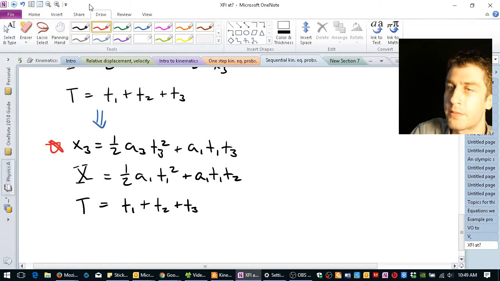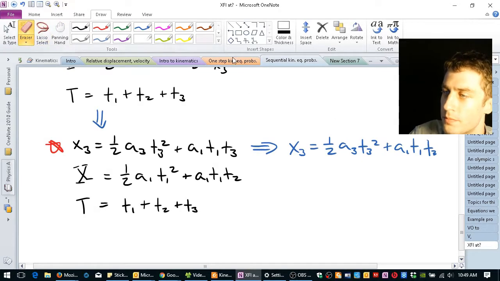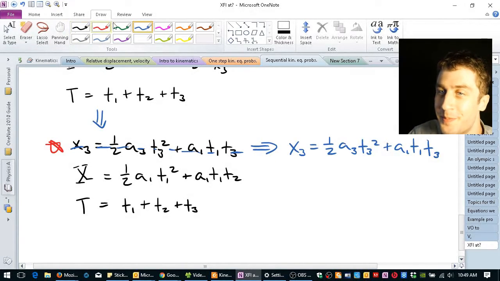Going to solve for x3. And x3 is equal to 1/2 a3 t3 squared plus a1 t1 t3. Cross this out. And then, oh, I forgot a term.